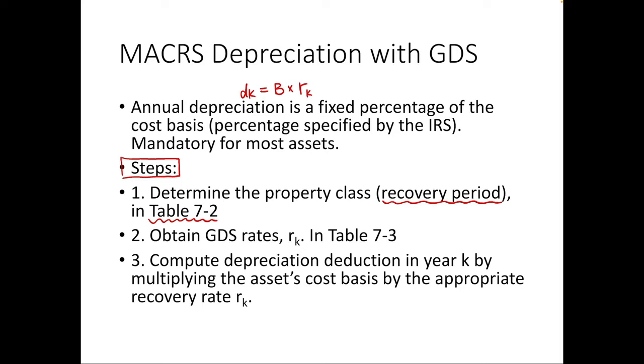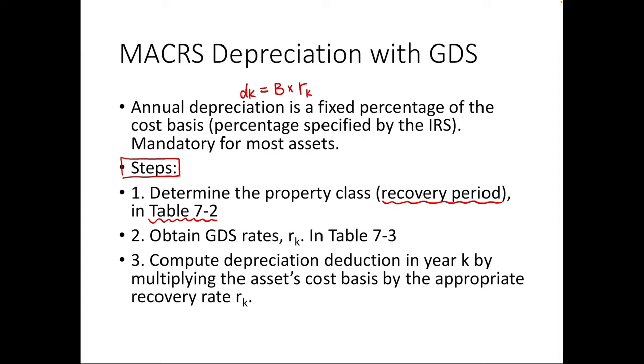And we said this method specifically is based on the assumption that DK is always calculated by the cost basis times a fixed ratio of that year.